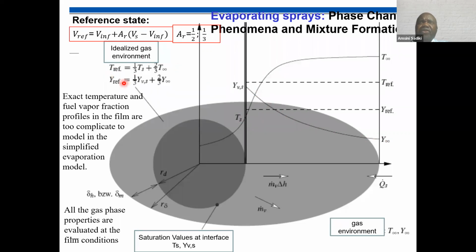We consider that we have an ideal gas environment, and we assume that at the interface we have saturation values. And here we have the gas environment, with the temperature at infinity. So the value for the mass fraction is here, and for the temperature it will be there, defined using these rules.